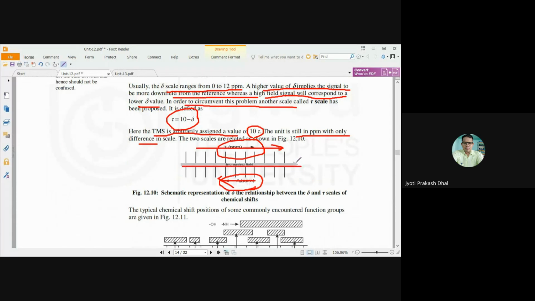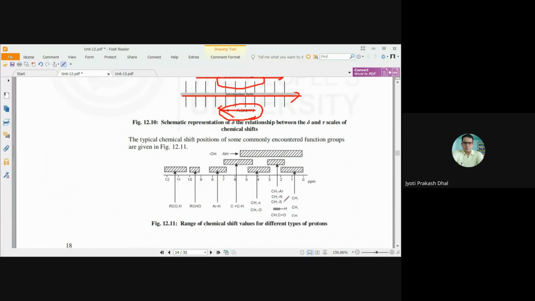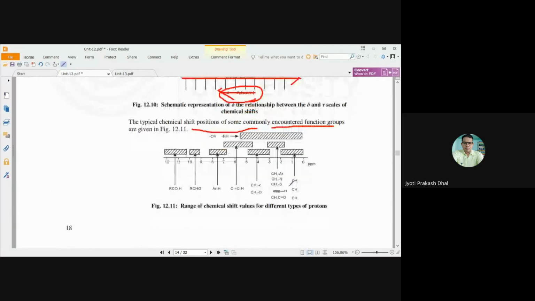This is also the increasing order of the field strength. Now the typical chemical shift positions of some commonly encountered functional groups. This is the shift position of the reference, that is TMS. Nearer to that you will observe methyl, methylene, CH3, CH2, CH groups, and if an aromatic group is attached, the position will be around 2 point something, and for halides you will observe more than 4.